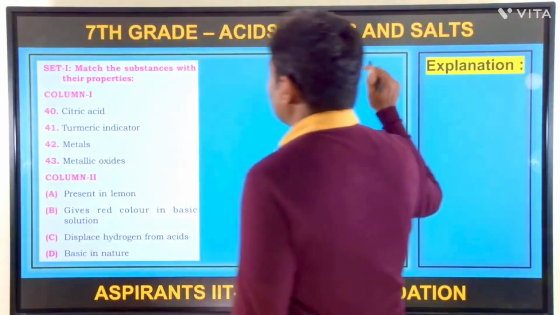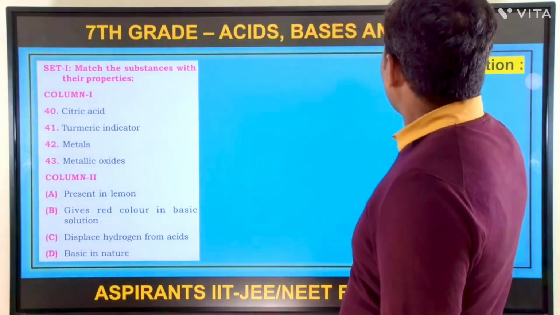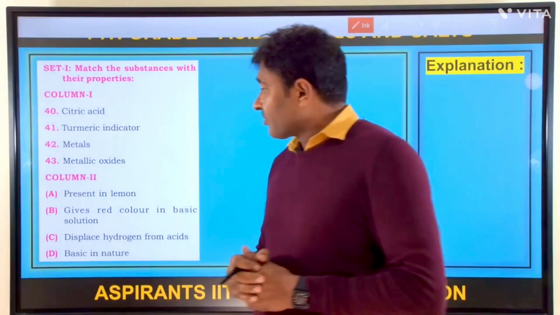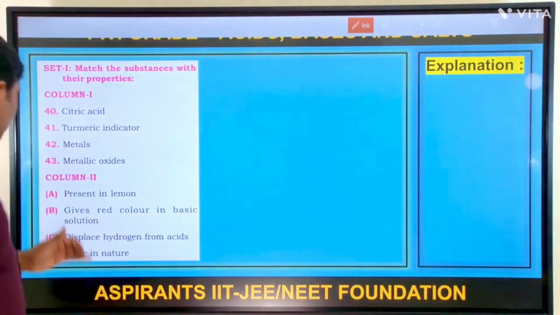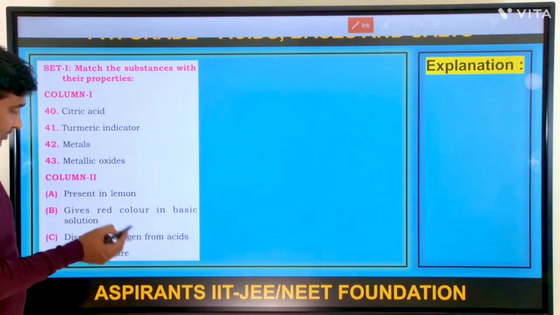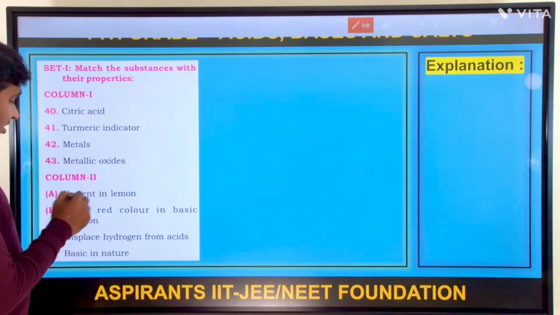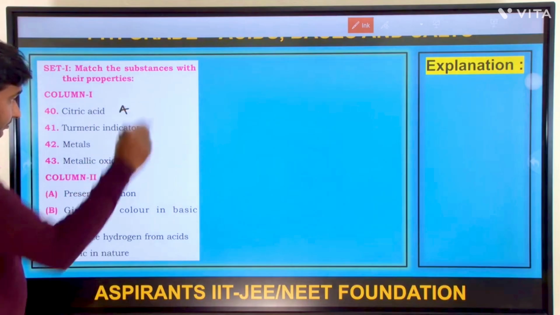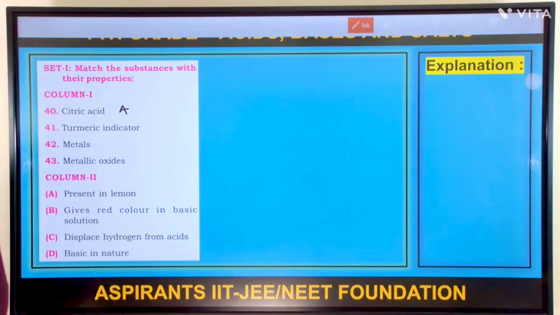Now 40. Matrix matching type question. We need to find the correct matches. Citric acid is generally present in citrus fruits. Here it is present in lemon, one of the citrus fruits. Therefore option A. Turmeric indicator gives red color in basic solution.